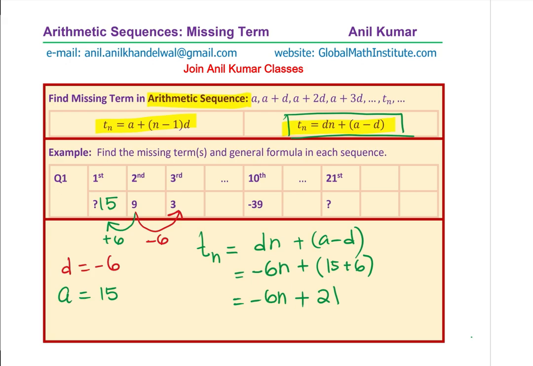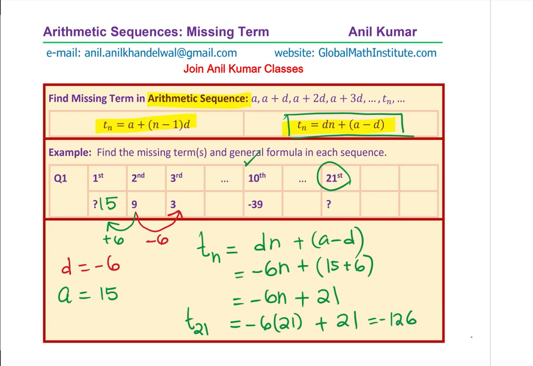Now, we have the general formula. We need to find the 21st term. So we'll substitute 21 here and calculate, right? So T21 will be minus 6 times 21 plus 21. And you can now multiply and get the solution. So we have minus of 6 times 1 is 6, and 6 times 2 is 12.